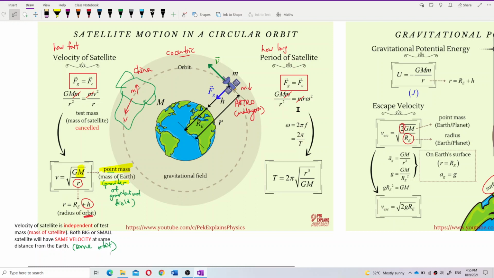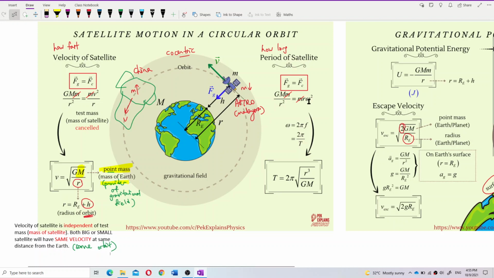Centripetal force is m r omega squared. Last time for velocity of satellite, we used mv squared over r. This time for period, we use m r omega squared, because centripetal force has several equations.